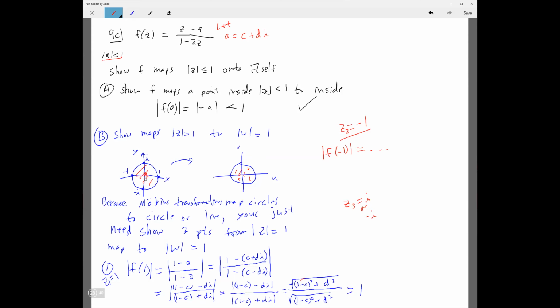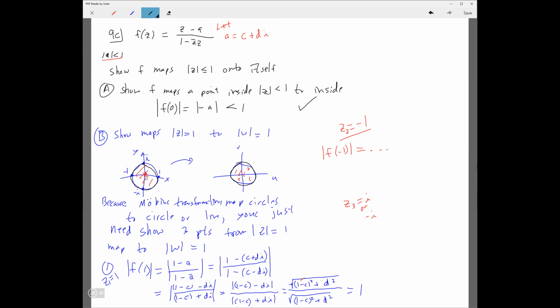Now if that happens and this boundary here maps to this boundary, then everything inside has to map to everything inside, and it's going to be 1-to-1 onto, and so bijective. If this circle here maps to this circle, there are 2 options.